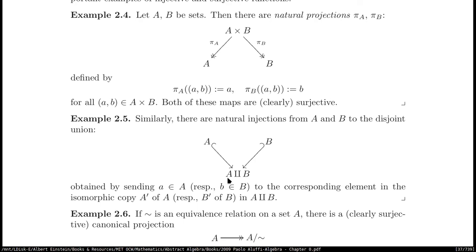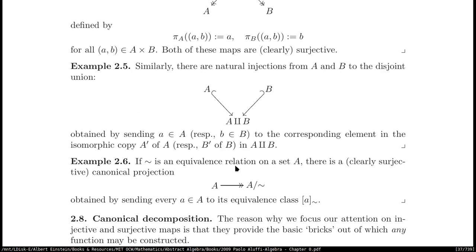It's not exactly A, but it's isomorphic to A. Essentially every element of it is the same, and it can be identified using a bijection. You send these elements there, and you do the same for B, and that gives you an injection.